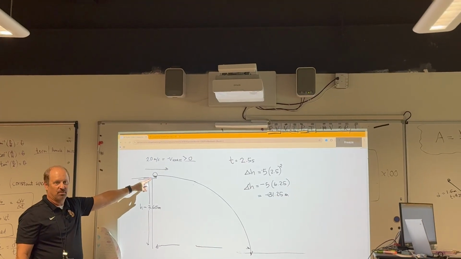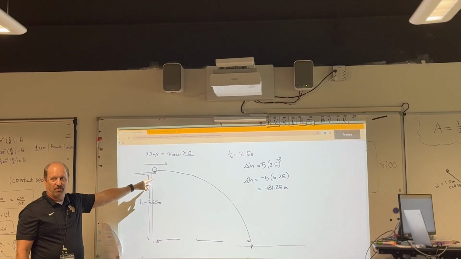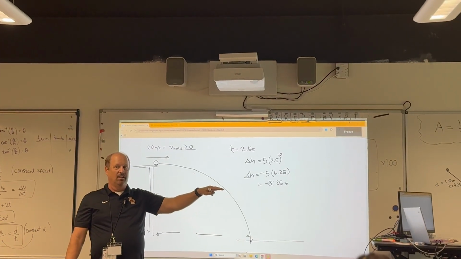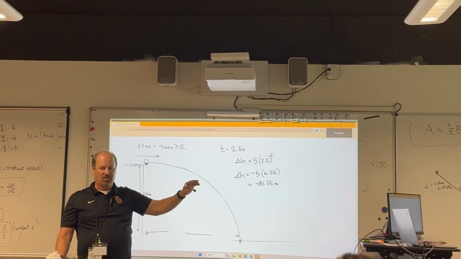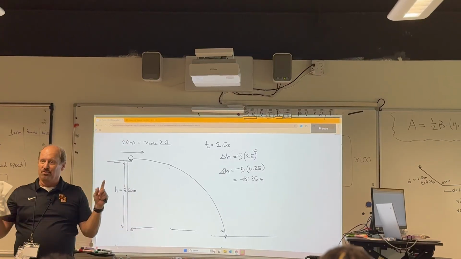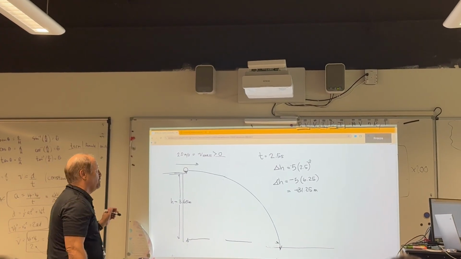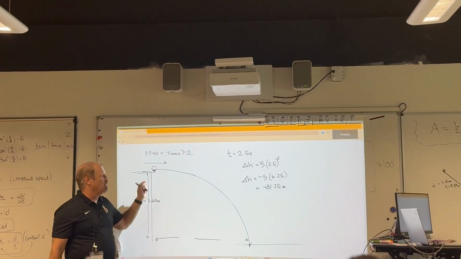What's vertical V initial of this thing that rolls horizontally off the table? 0. So no vertical, right? It's just all horizontal. When you're figuring out these, this is called motion in 2 dimensions.